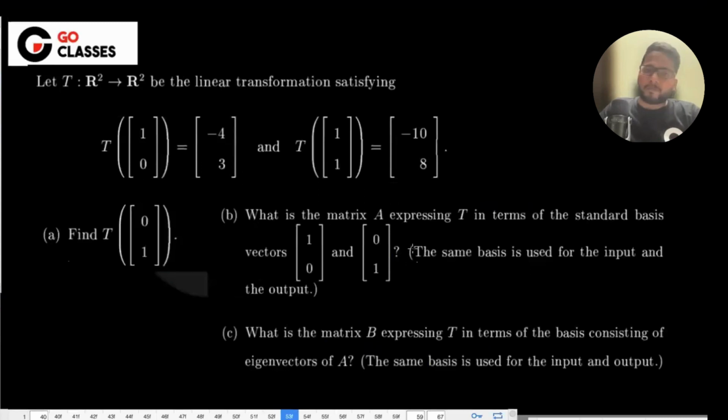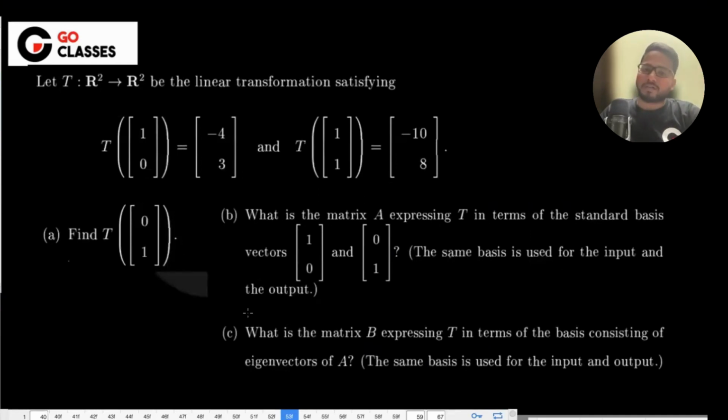Okay. Now, what they are saying is: what is the matrix A representing T in terms of the standard basis vectors? This is used for the input and output. So input and output are the same. Then they're asking for A that does the transformation.